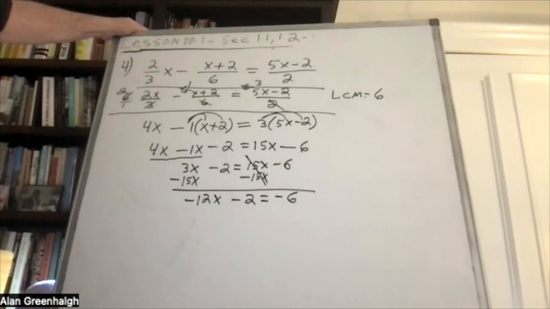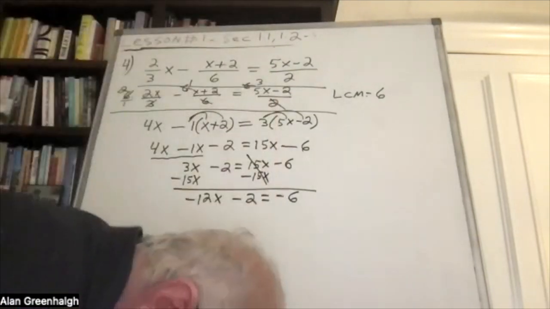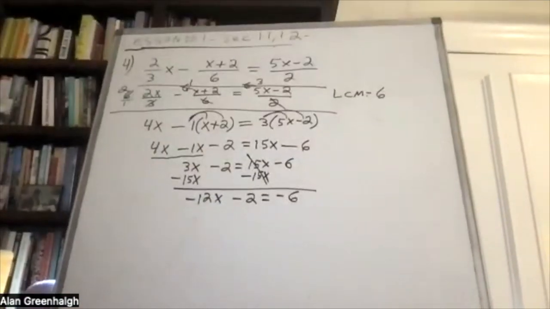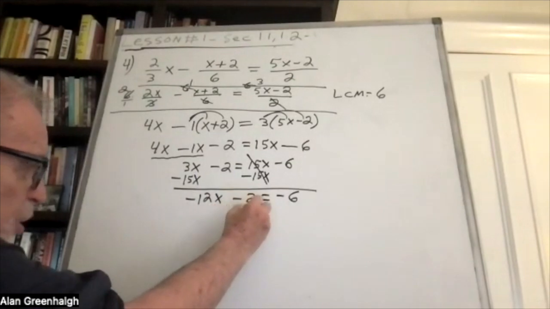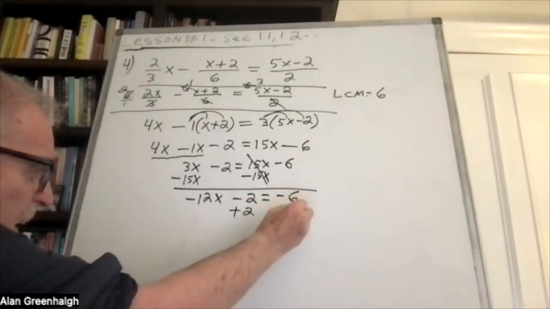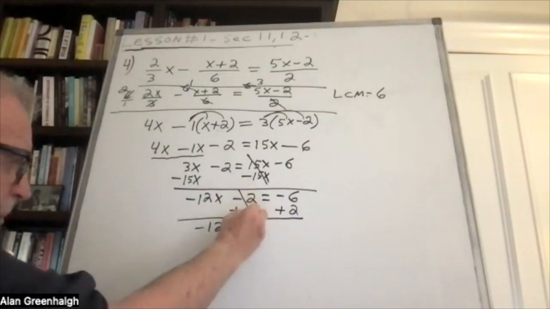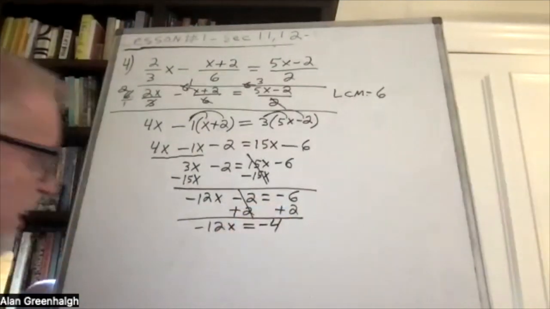I'm just looking at it because I'm checking it as I go along. I think it's very important to just look at it and see that everything is the way you want it. Now, positive 2, negative 12x equals negative 4.